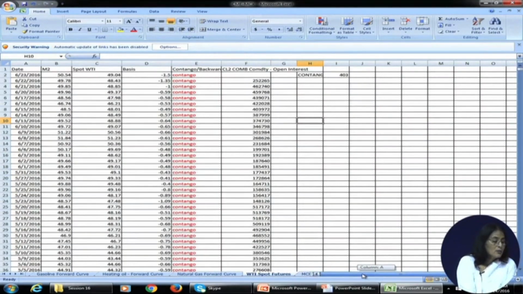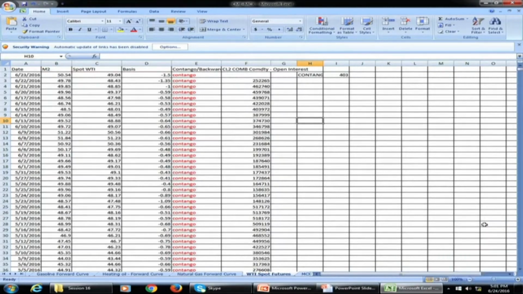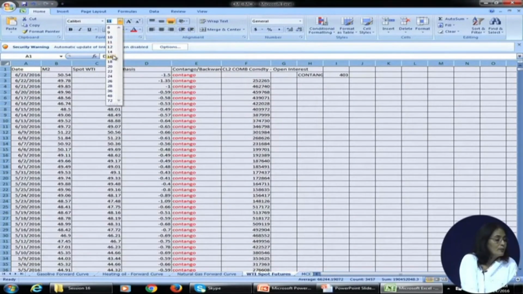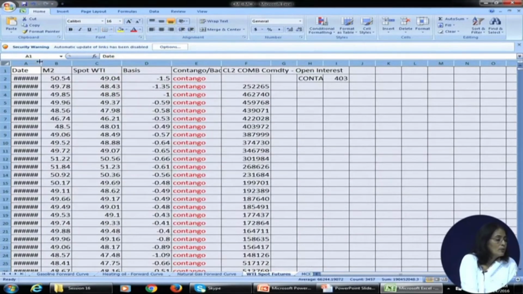Similarly, let's do some analysis of whether WTI futures prices normally have a contango or backwardation structure. Let me increase this size a little so that it is visible for you.